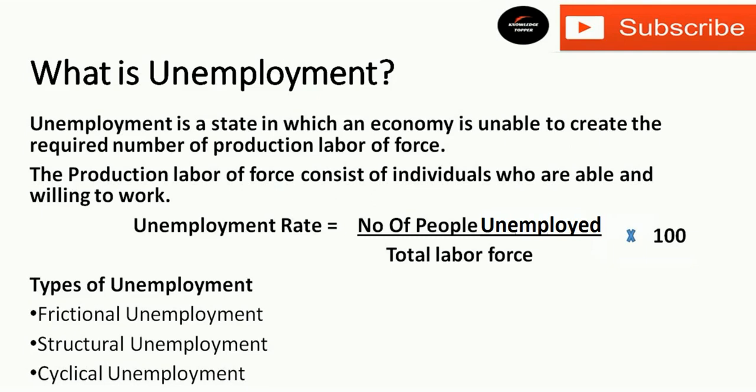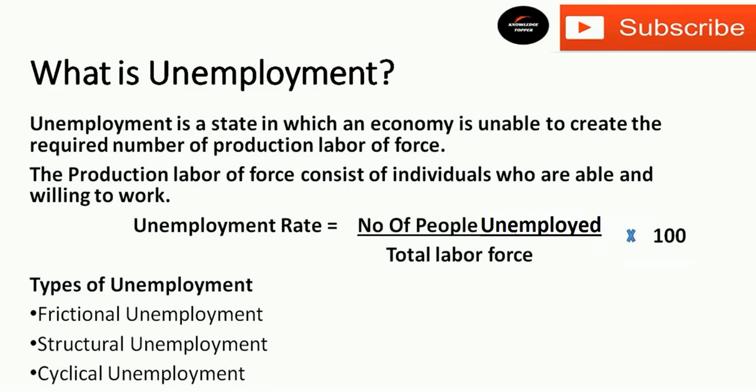So the definition says that unemployment is a state in which an economy is unable to create the required number of production labor force. The production labor force consists of individuals who are able and willing to work. So what we conclude from this definition is that there is a lot of labor force, and they are unable to find jobs, you can say, unable to find employment.